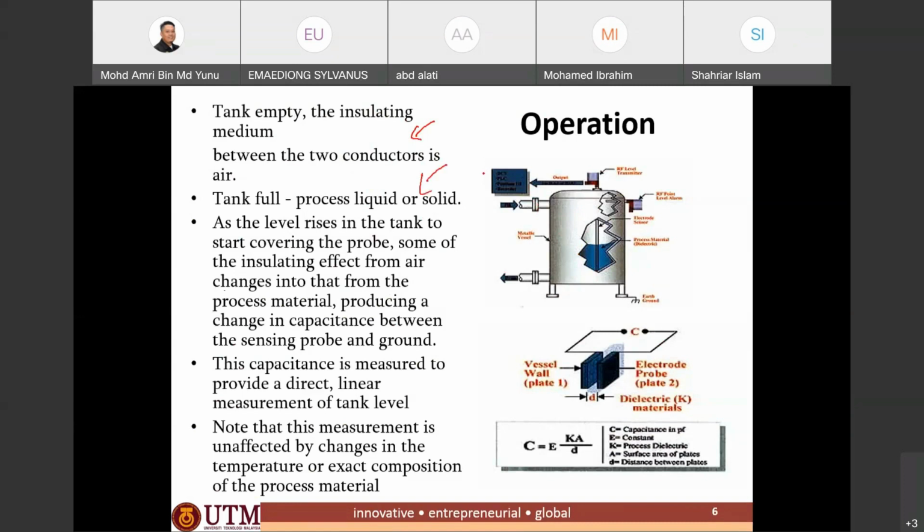The capacitance is measured to provide a direct, linear measurement of the tank, so the level of the material can be estimated, to measure the actual height, based on the formula or the capacitance measurement.